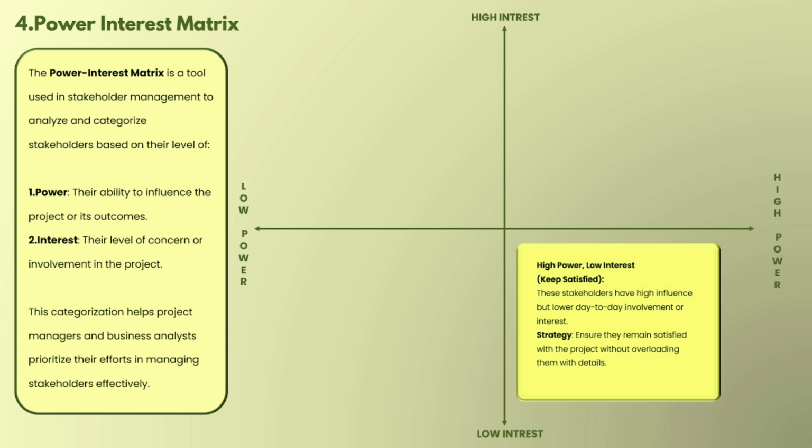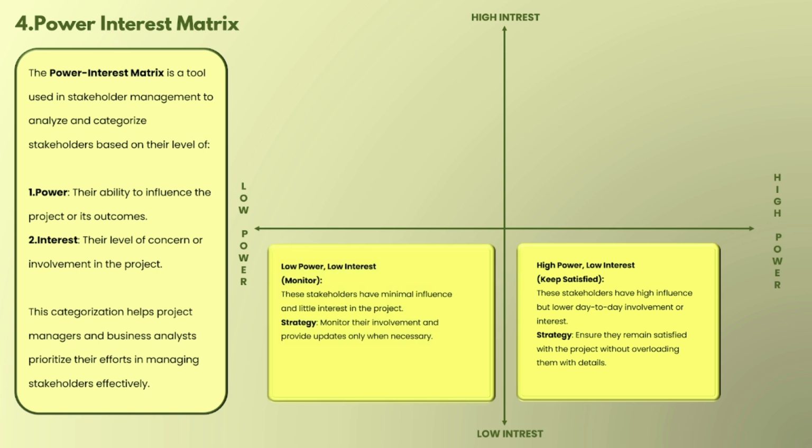We need to keep satisfied the stakeholders who fall into this particular quadrant. These stakeholders have high influence but lower day-to-day involvement or interest. The strategy is to ensure they remain satisfied with the project without overloading them with detail. It means we don't give them too much detail, but they should be satisfied and informed.